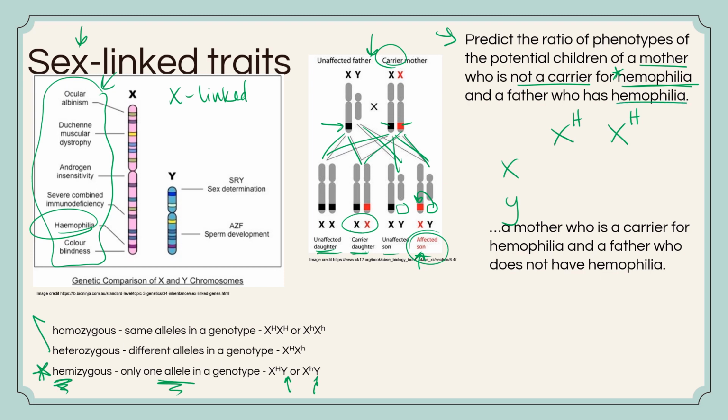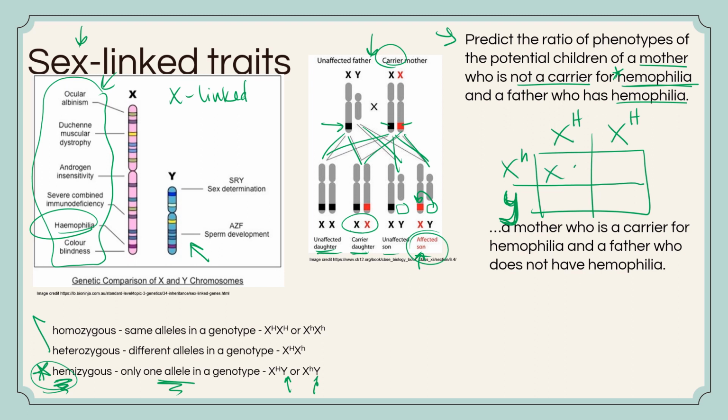Dad does have hemophilia, so he's going to have a lowercase h on his X because he has that allele for hemophilia. We're going to put no H's on the Y because there is no hemophilia gene on the Y chromosome. Dad's genotype is hemizygous, neither hetero nor homozygous.